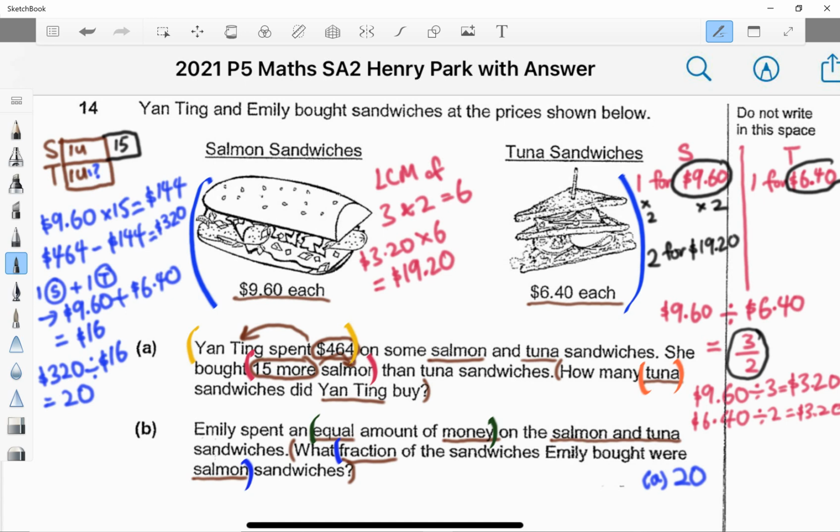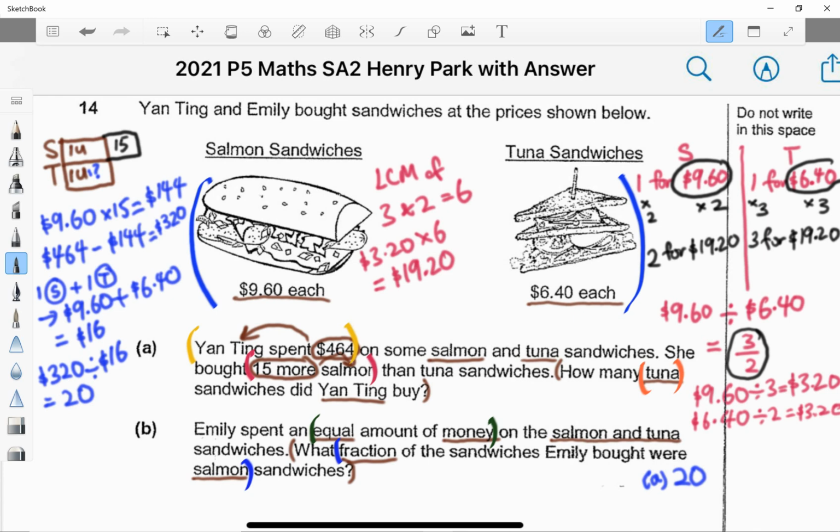And as for the tuna, we know that 640 is actually 2 times of 320. So how can I get to $19.20? I will need to multiply by 3. So it's actually 3 for $19.20. If you key it into your calculator, 6.4 times 3 gives you 19.20 as well.